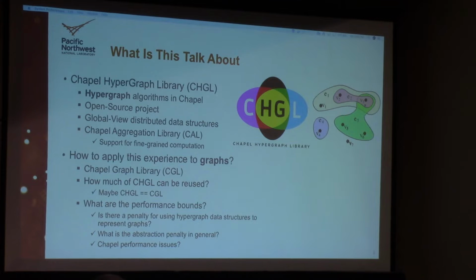So we also explore whether or not we can reuse CHGL in its entirety, and we analyze the performance overheads of adding abstraction. And as well, we definitely go over quite a few Chapel performance issues.